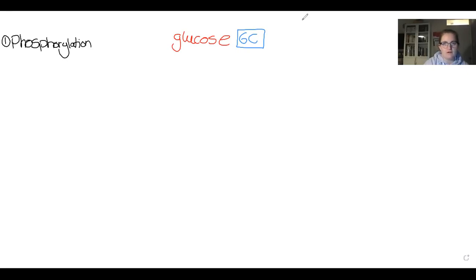This whole thing is glycolysis, and this first part is phosphorylation. So we start off with glucose. We've got a glucose molecule here, and our glucose molecule is going to be phosphorylated by an inorganic phosphate that's come from ATP.